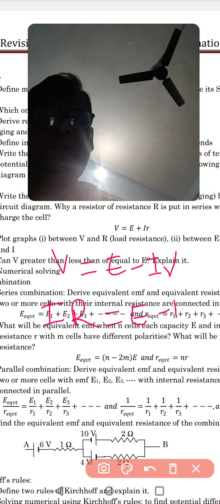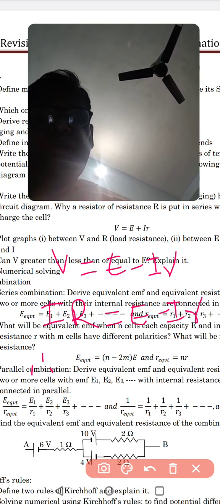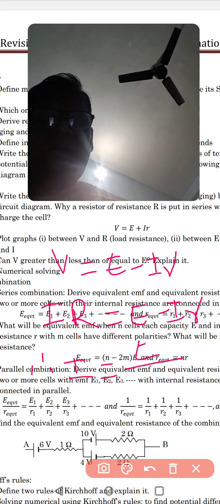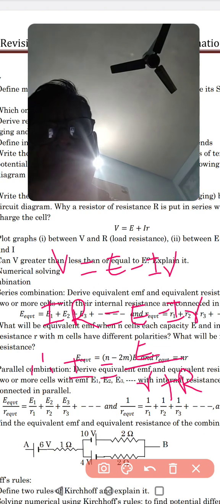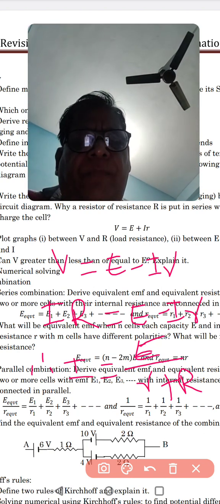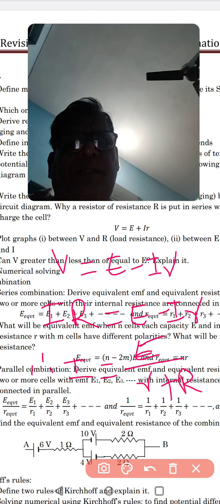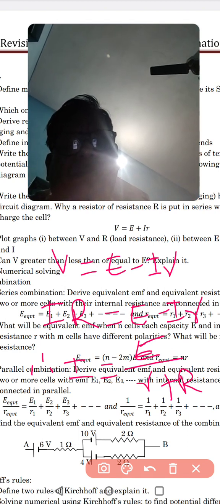So E minus I into small r, therefore I equal to E upon R plus r. As R becomes infinite, I will be 0.